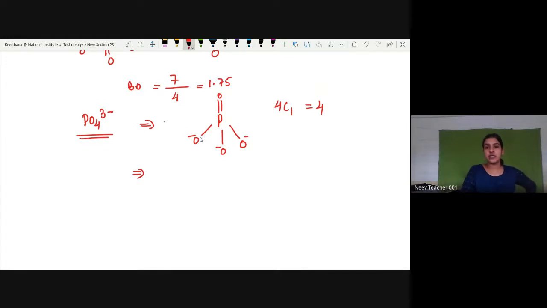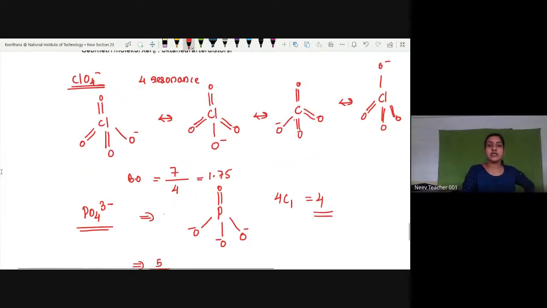In 4 structures, if I'm considering these 2 atoms, in only one structure will I get the double bond. So it will be 5 by 4. As we know, only one double bond will be there in one structure. So a total of 4 structures are possible, and in only one structure I will get a double bond between phosphorus and oxygen, and in all other structures there will be a sigma bond.